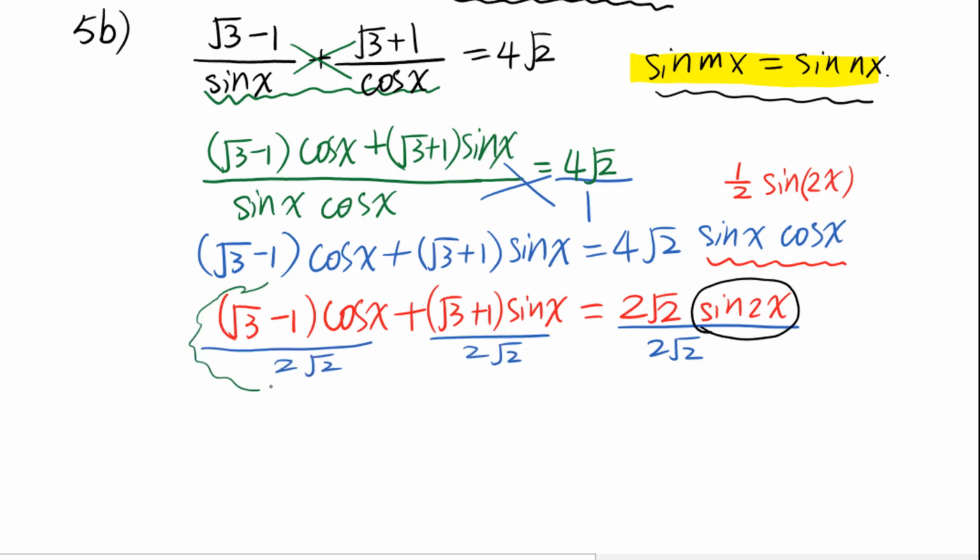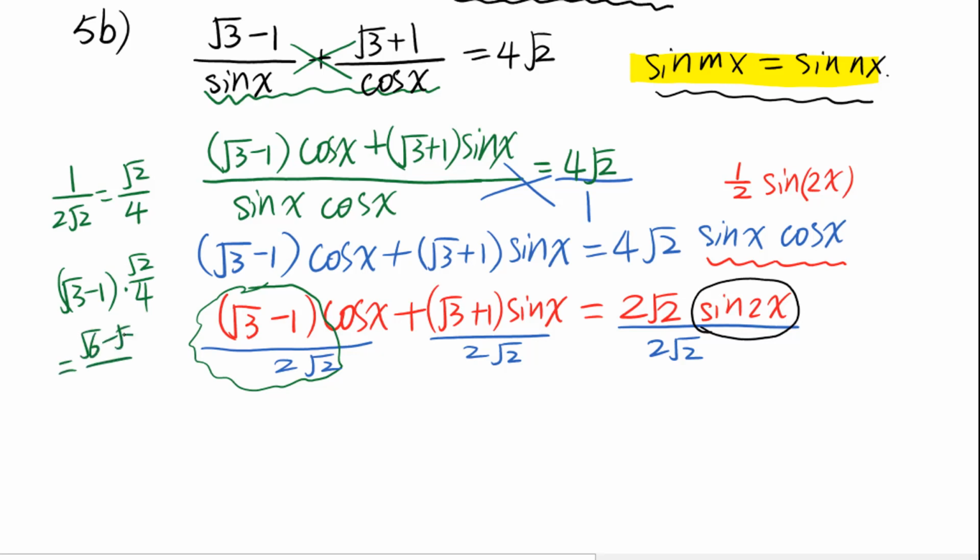Let's simplify this. 1 over 2 square root of 2 is square root of 2 over 4. So we will get square root of 3 minus 1 times square root of 2 over 4. That is square root of 6 minus square root of 2 over 4.